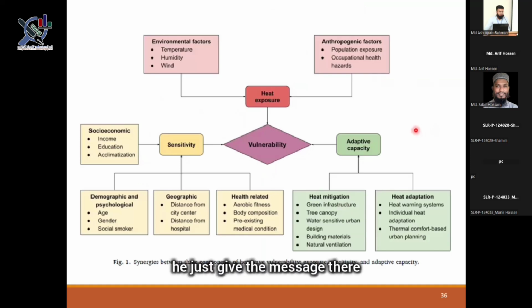For vulnerability, he covered sensitivity analysis, including socioeconomic factors such as income and education, and also demographic, physical and geographical factors. For heat exposure, environmental factors are temperature, humidity and wind, and anthropogenic factors are population exposure and occupational health hazard. For adaptive measures, he considered heat mitigation and heat adaptation.